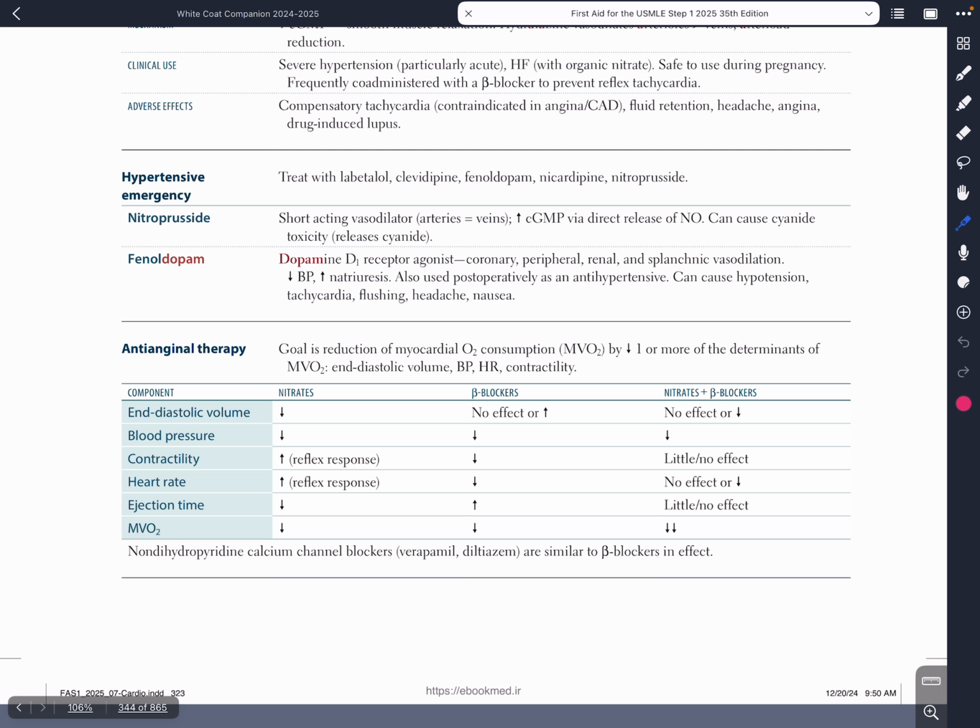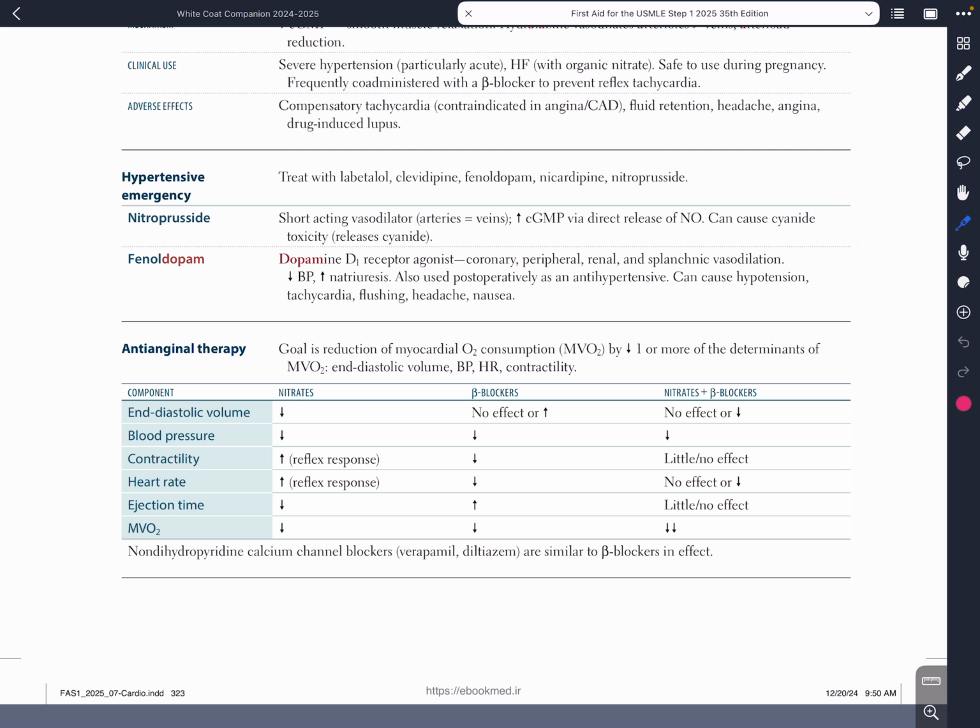Now, anti-anginal therapy. The goal of anti-anginal therapy is to reduce myocardial oxygen consumption, or demand.